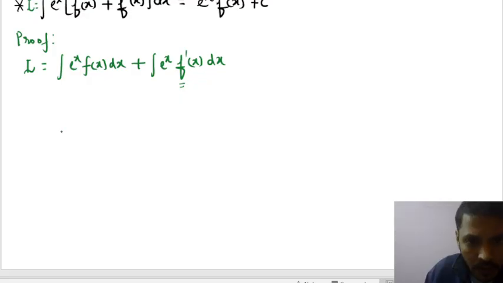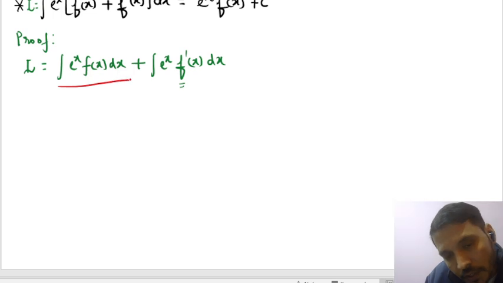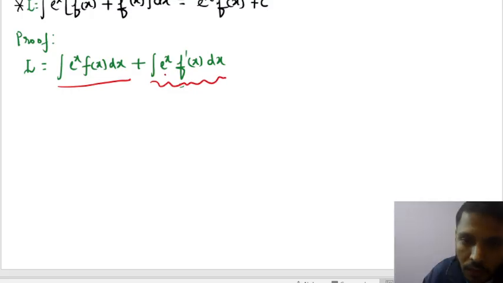Here, this part we will not disturb. Let this part be as it is. We are going to integrate this part. So here we have two functions, exponential functions and algebraic functions. Here we are considering this as our first function and this as the second function, right? So I is equal to what?